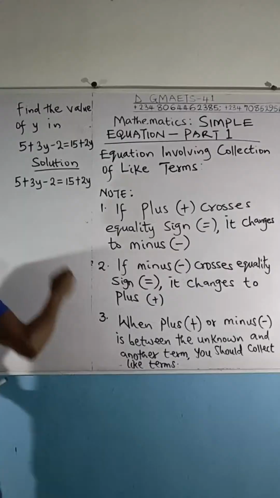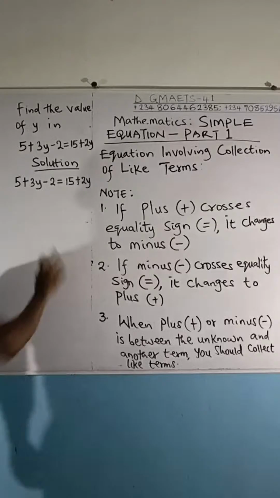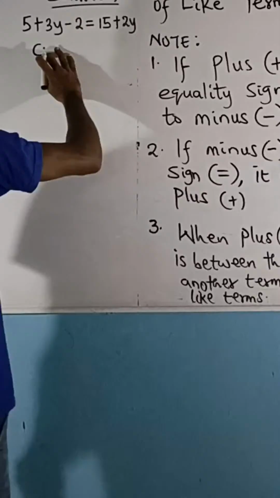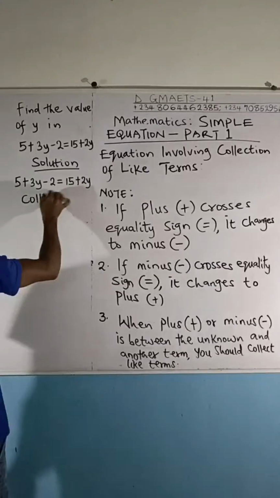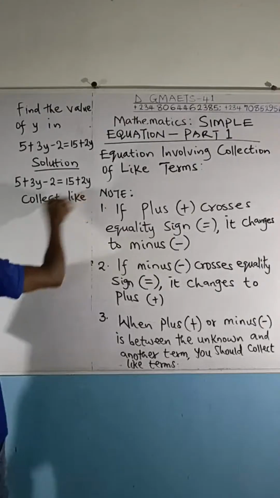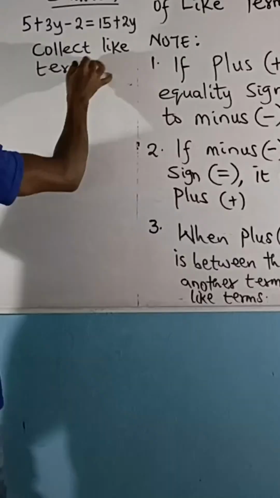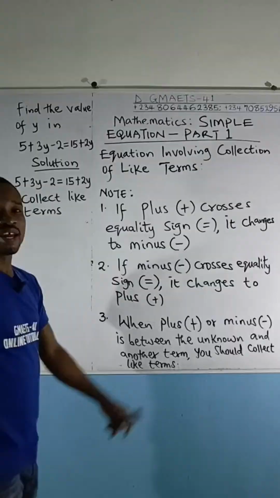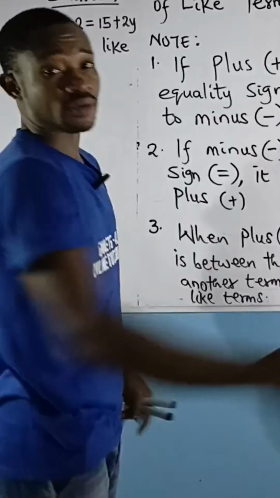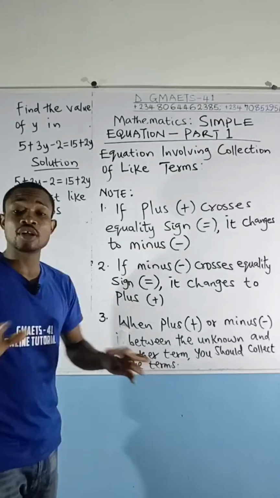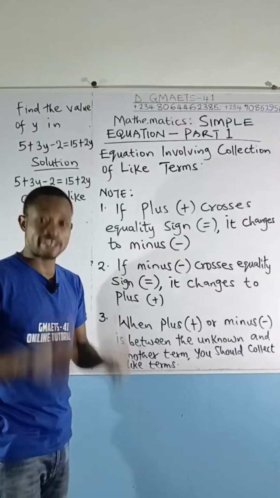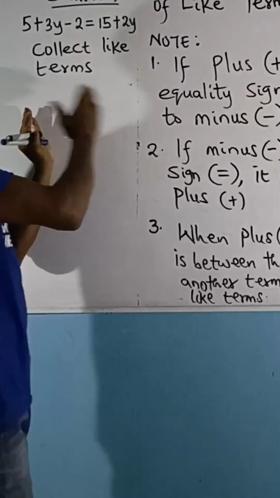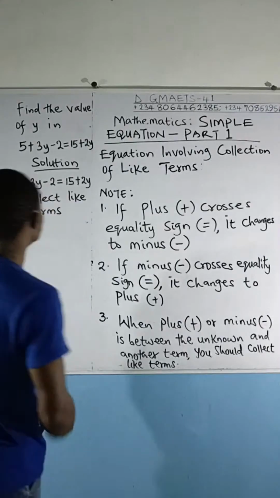It's the network, I guess. So we are going to collect like terms quickly without wasting time. Now, I like moving the alphabet to the left and the pure numbers to the right. That's what I like doing, but it is not a law. It's not a rule, but it is best. Usually if you are solving, the alphabet will be on the left equal to something on the right.